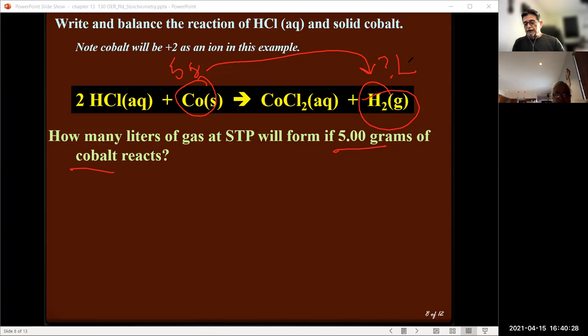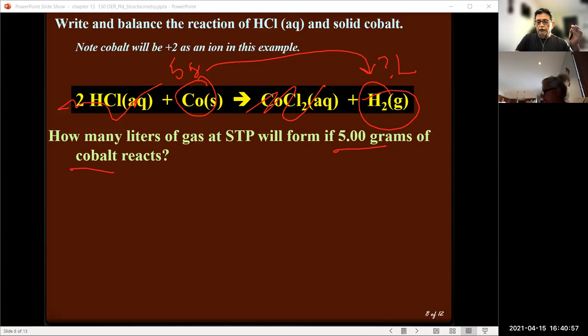That means that I can ignore all the other guys because I'm not concerned about them. Because the question's not asking about cobalt 2 chloride or hydrochloric acid. It is between cobalt and the gas, hydrogen gas. Now, I also look and see at my stoichiometric relationship, it's a 1-to-1, 1 cobalt to 1 hydrogen gas, that mole ratio.